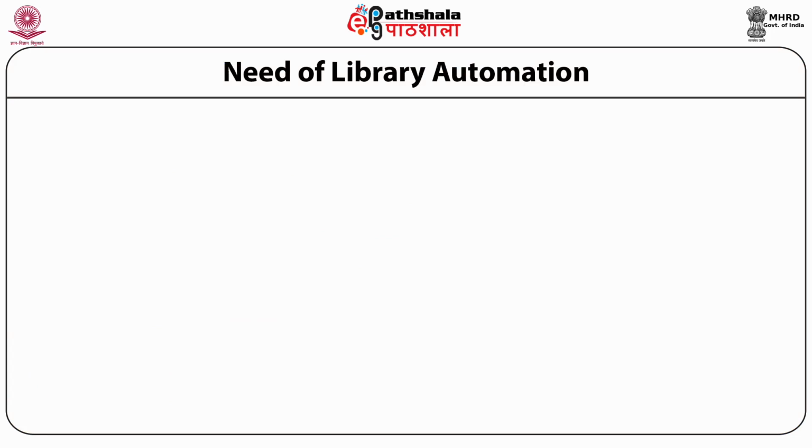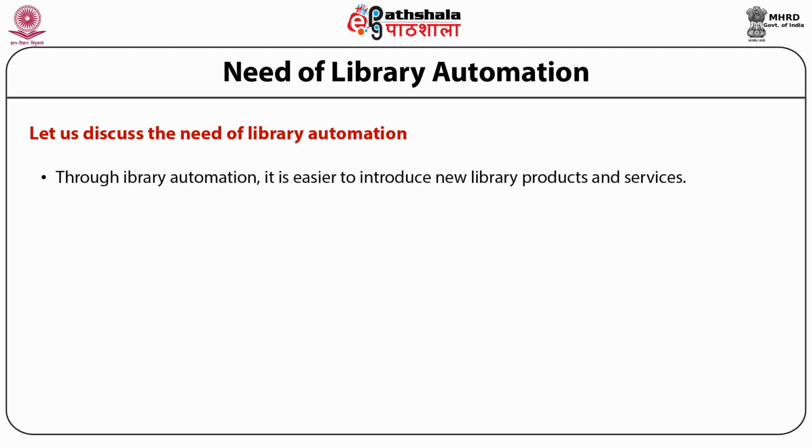Need of library automation. Let us discuss the need of library automation, though it is very difficult to limit exactly what the needs are, but some of the major points can be read out here. Through library automation, it is easier to introduce new library products and services.